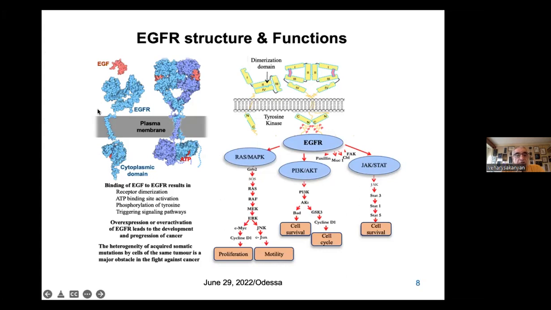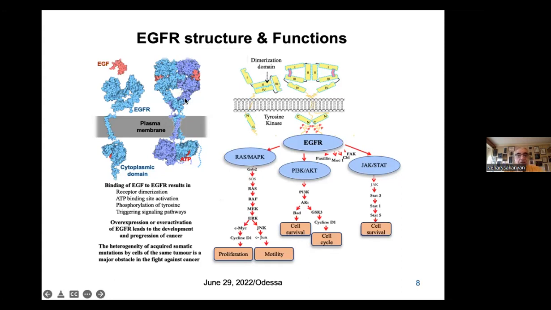The activation of this receptor depends on the cognate ligand. This is the epidermal growth factor itself, a small protein, which binds to the monomeric form and transforms it to the dimeric form. You can see here this beautiful structure which goes through a topological change, forming bonds to the second molecule, and we have these dimers.